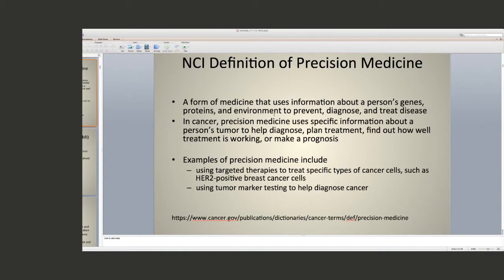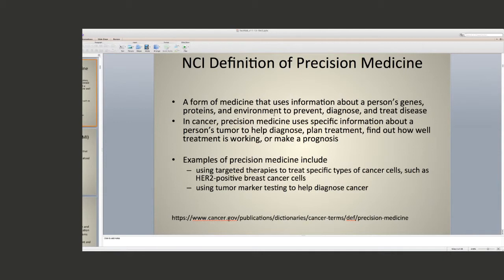So the NCI, you've got to start somewhere with the definition of precision medicine. NCI has a pretty decent one: a form of medicine that uses information about a person's genes, proteins, and environment to prevent, diagnose, and treat disease.